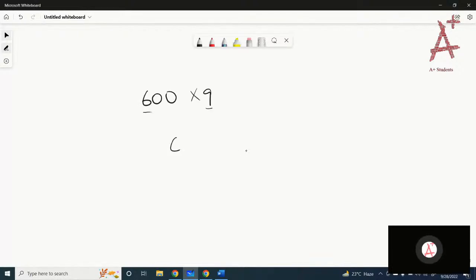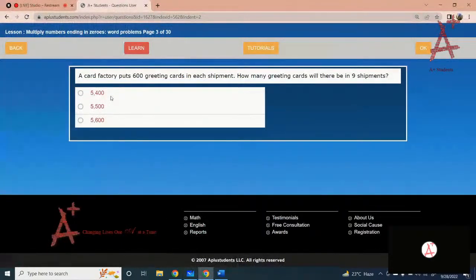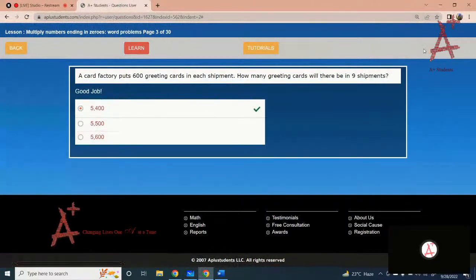So multiply the digits. 6 times 9 is 54, and you have two zeros in all, so just add two zeros, so it makes 5400. Select the correct option and click on the OK button.